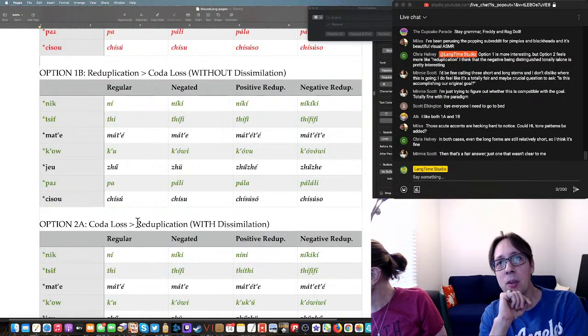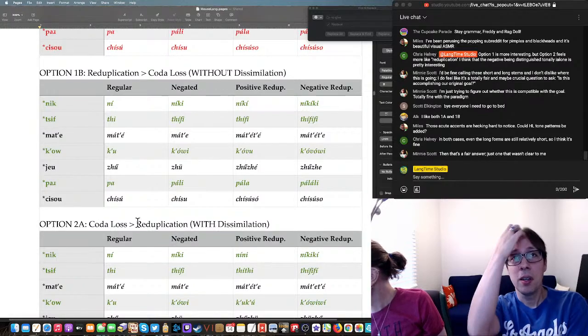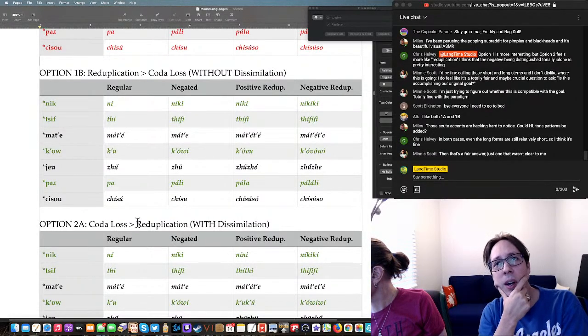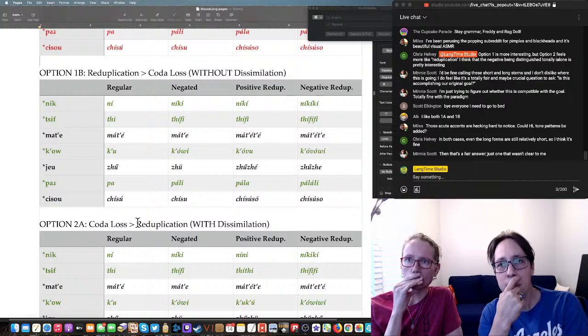It'll only happen when it is a monosyllabic root that has a low tone and has a vowel E, so basically like Sif. And that is a very small number of cases. Most of the time, the negative form and the positive or duplicate form are going to be different. And most of the time, all four forms are actually going to be different as well. So I think that makes it a strong candidate.